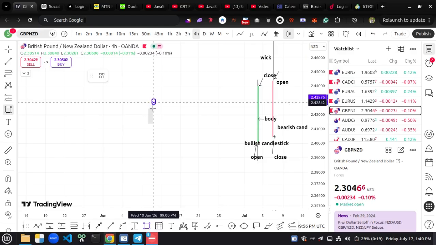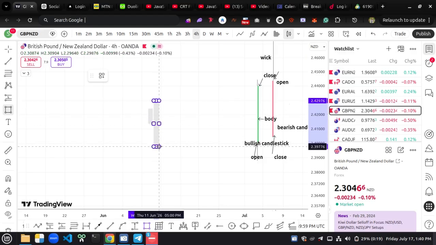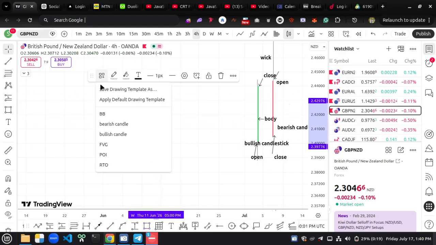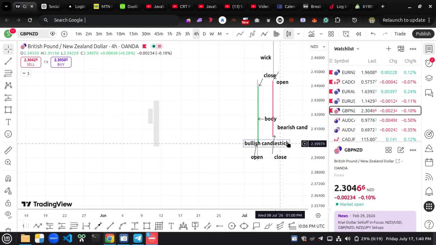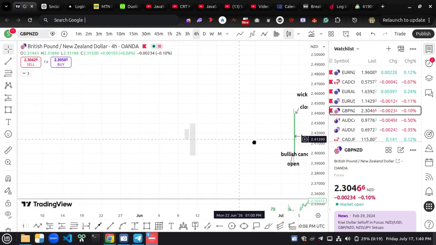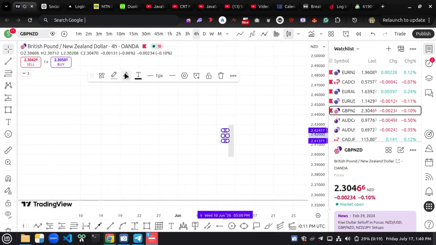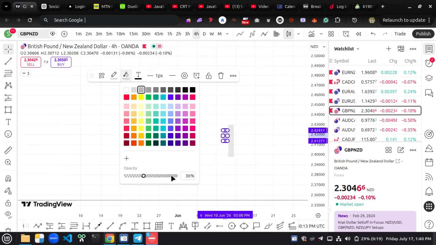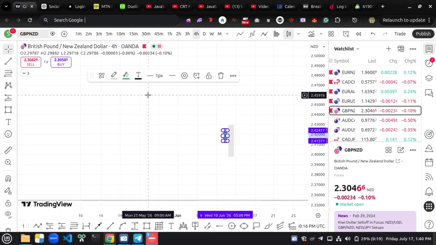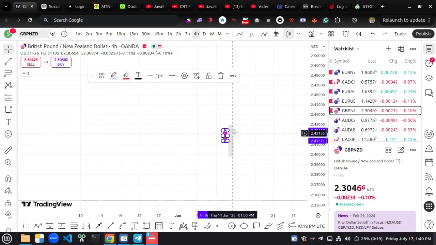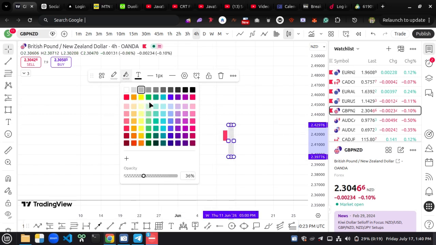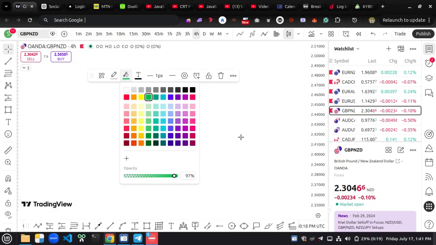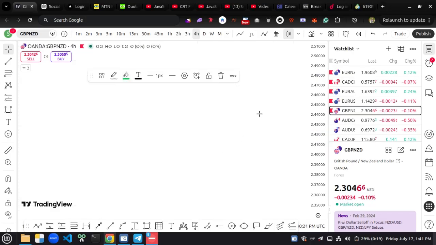Now if you see a candlestick pattern like this, I don't know why this thing is taking forever before showing. I think this is my network actually.